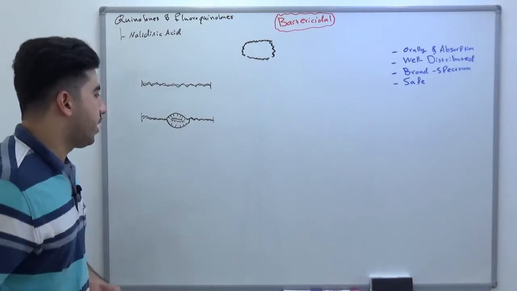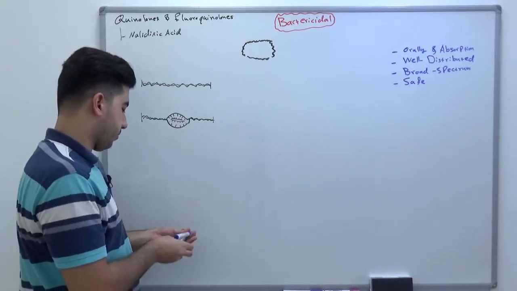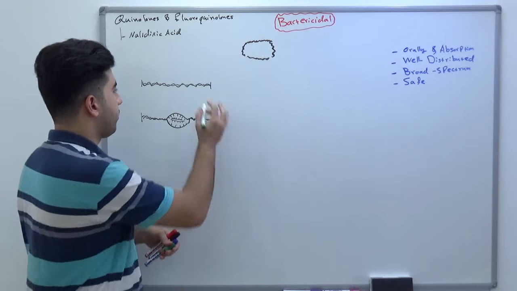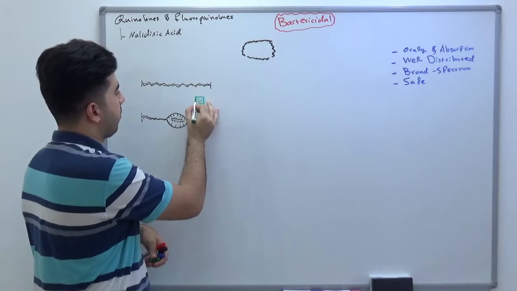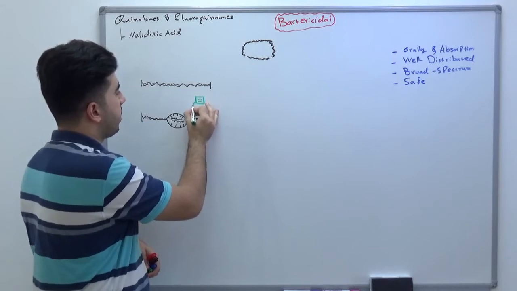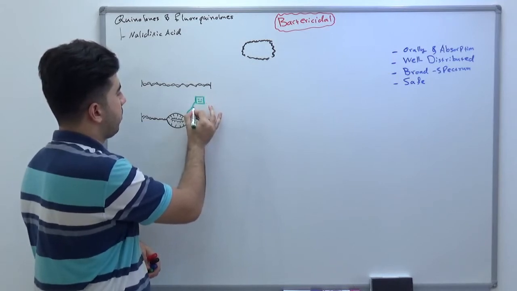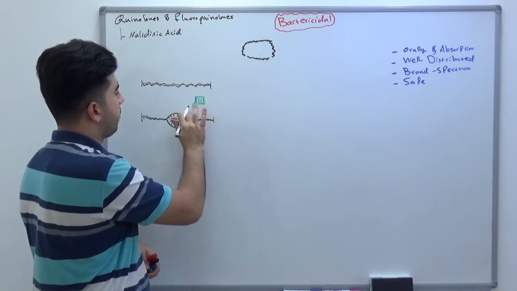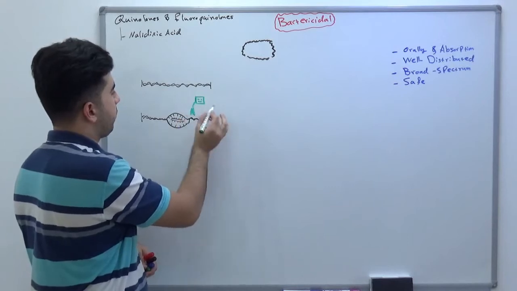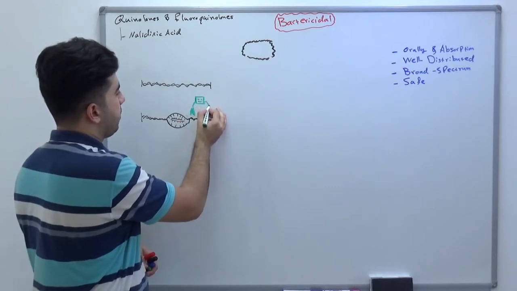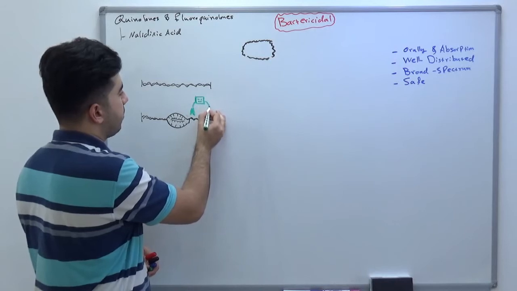Then some other enzymes will come to here. Okay, this enzyme will come to here. And this has two domains.